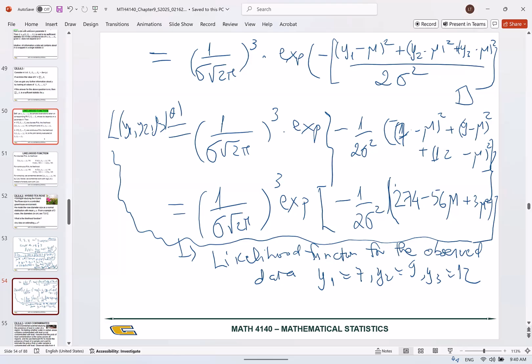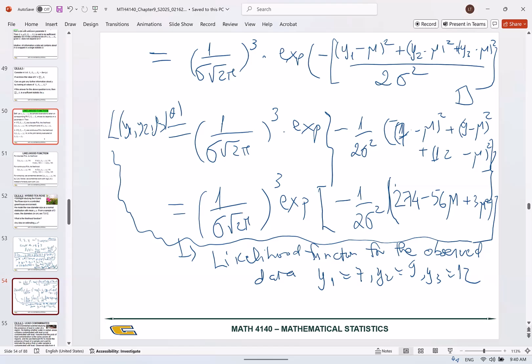So we have a function of mu and theta, which we call the likelihood function. How likely is it? To estimate mu and theta is a typical requirement. One very powerful technique is, when you look at the likelihood based on the data you observe, you try to find the parameters mu and sigma which maximize this likelihood function.